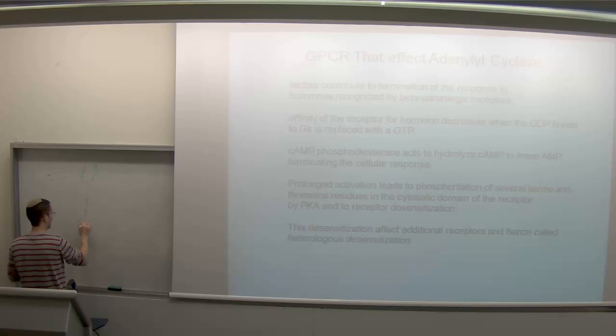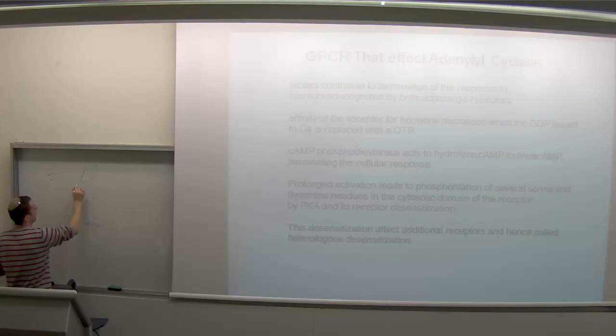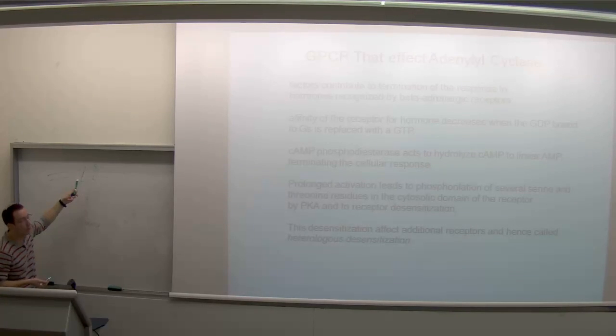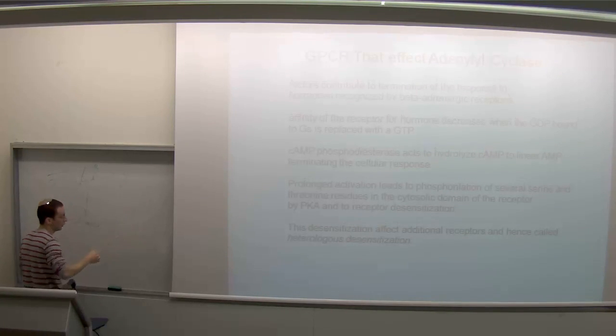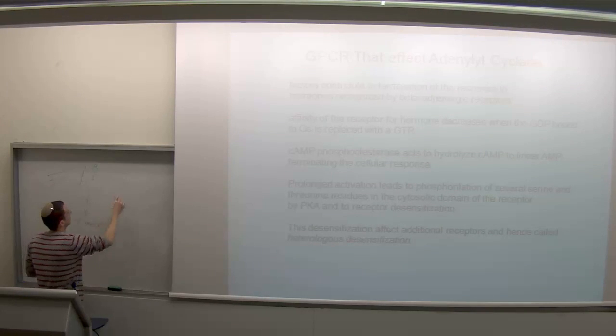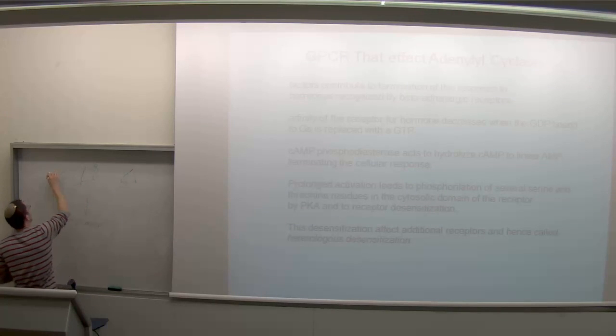These will be kinases that phosphorylate either just the receptor that initiated the whole cascade, in which case it will be called homologous desensitization, or they can phosphorylate this receptor and also additional other receptors, in which case it will be called heterologous desensitization. So these are different receptors. Let's plot them like that.